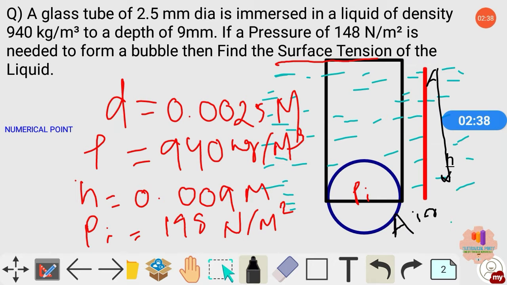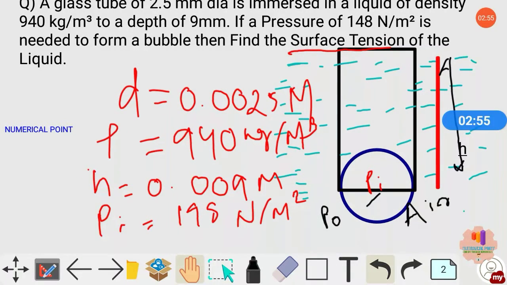So Po we can find out. Pi is given and it is an air bubble, so we can find out the value of sigma.